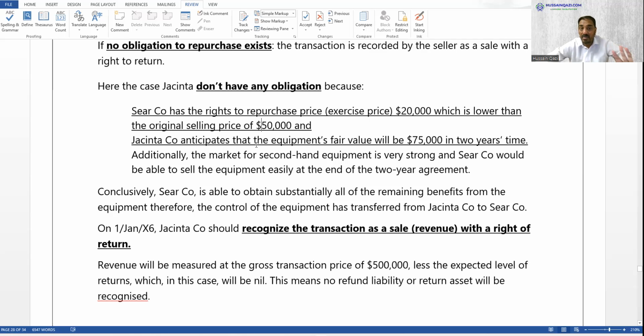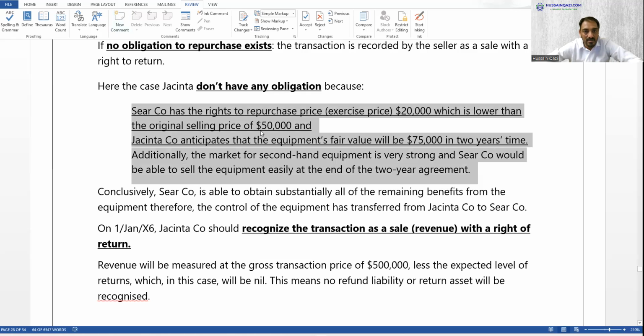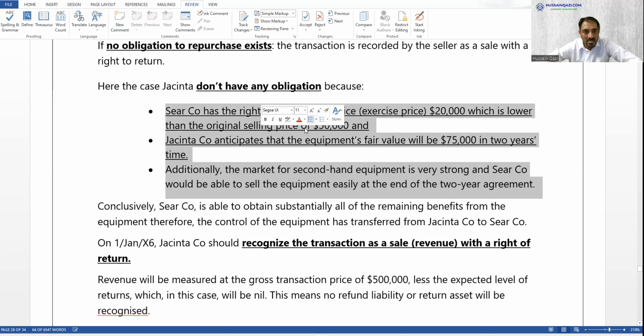Number two, they anticipate that the fair value will be 75,000 over time. Additionally, the market for second-hand equipment is very strong, and the company would be able to sell the equipment easily at the end of the 2 years agreement. So these 3 points you need to mention here.